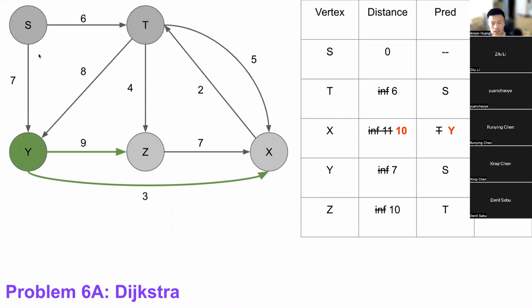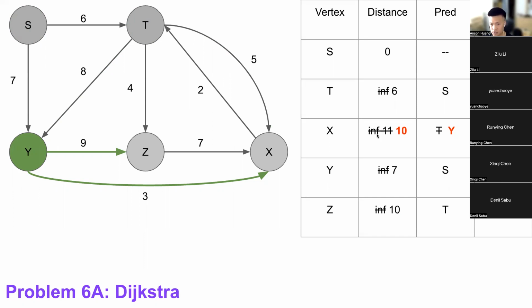If we go to X, starting from S, going to Y, and then to X, the total path is 7 plus 3, which is 10, and that's less than what we currently have, right? So we update this to be 10. And then we're done exploring Y, so we mark it as processed.